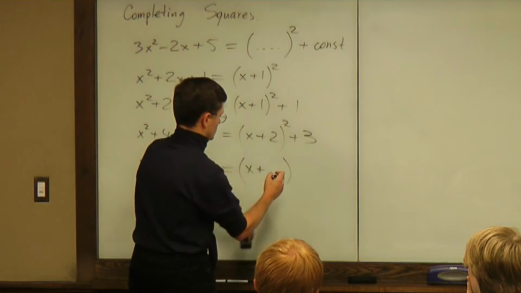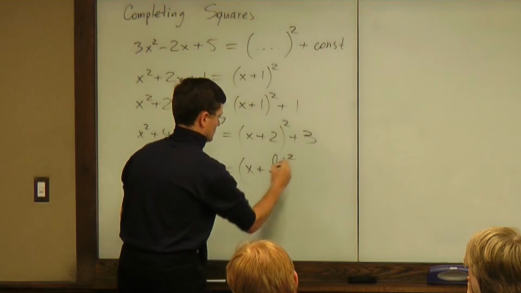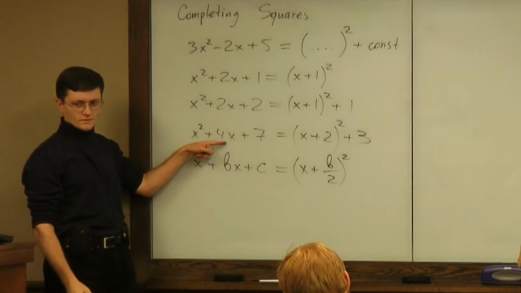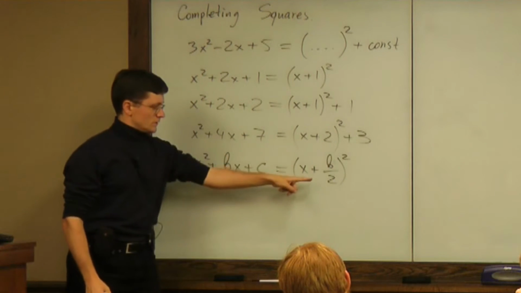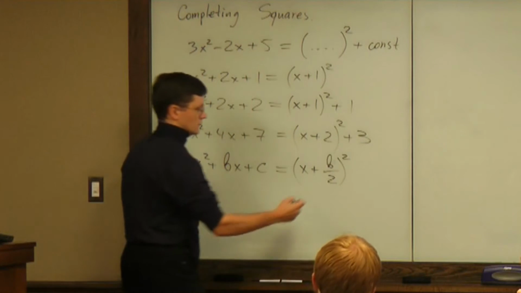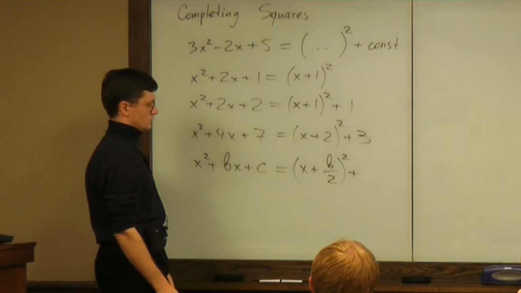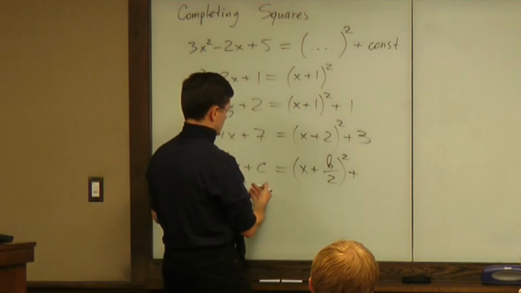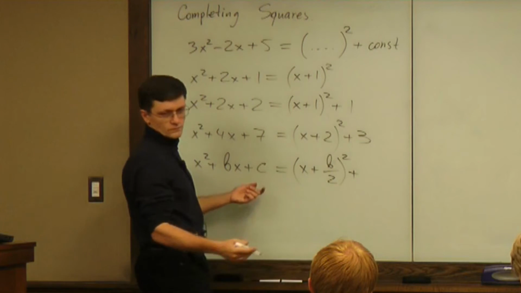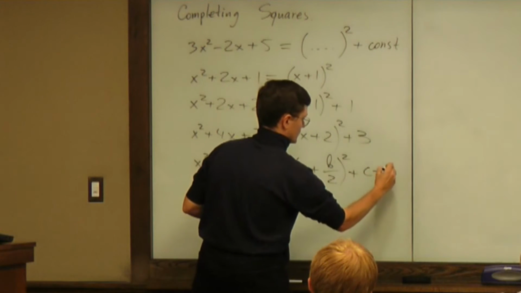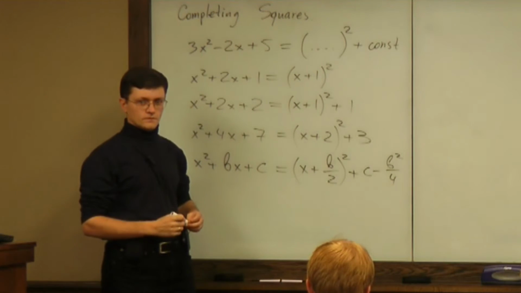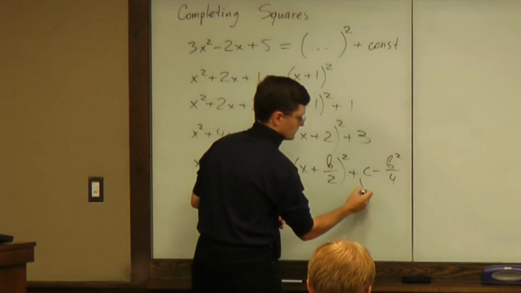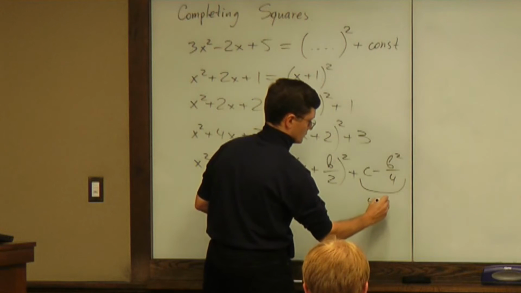It's b over 2. Isn't that what you do here? Right? You take this number, divide by 2, put there. So x plus b over 2 squared plus what? Who knows? But it's a difference, c. Just a difference, yes. Plus c minus b squared over 4. Right? Whatever that is, this all is a constant.